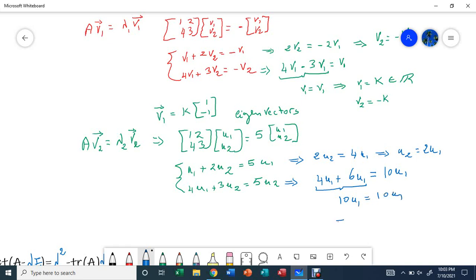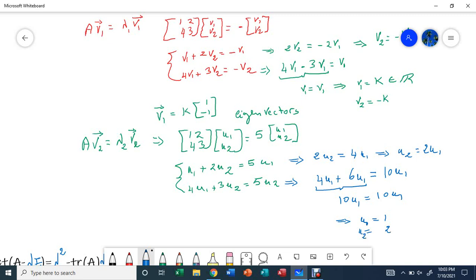So u1 can be 1, and if u1 is 1, u2 is 2.